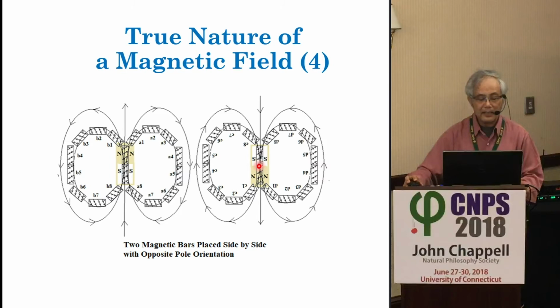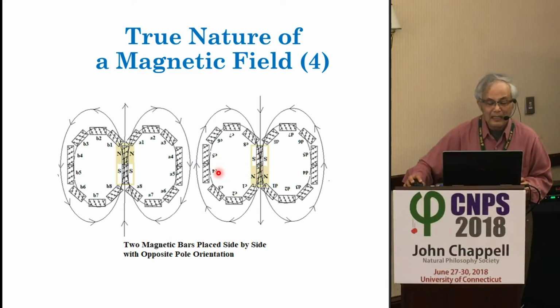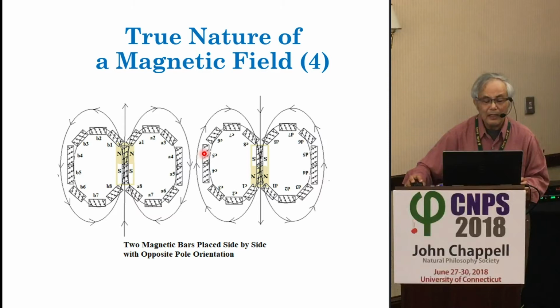And on this diagram, two magnet bars are placed side by side, but with the poles oriented differently. So when they get close to each other, this section and this section repel each other.